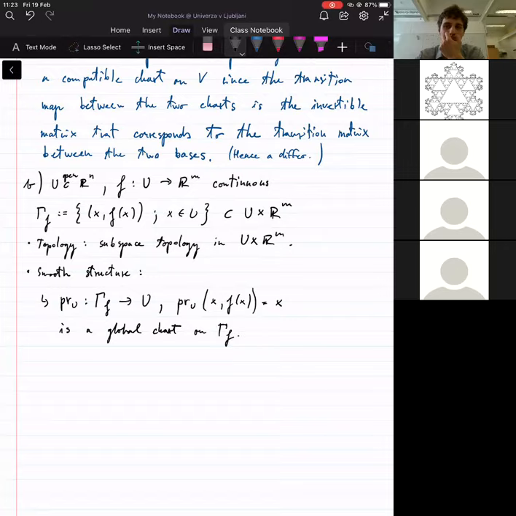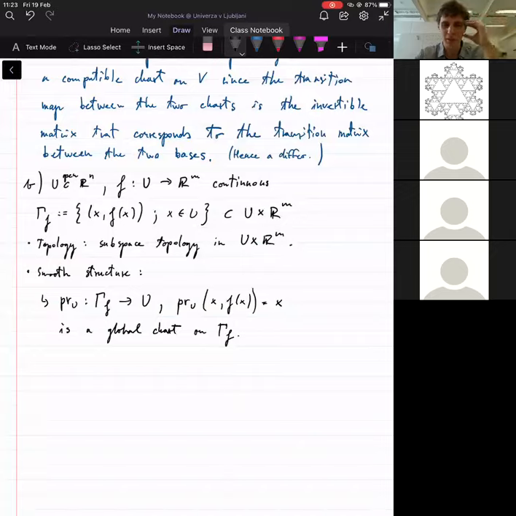Is that right? Is a projection a smooth mapping? So first of all, let's discuss whether this projection is a homeomorphism. I said it here, it's a global chart. This immediately implies that the projection is a homeomorphism.